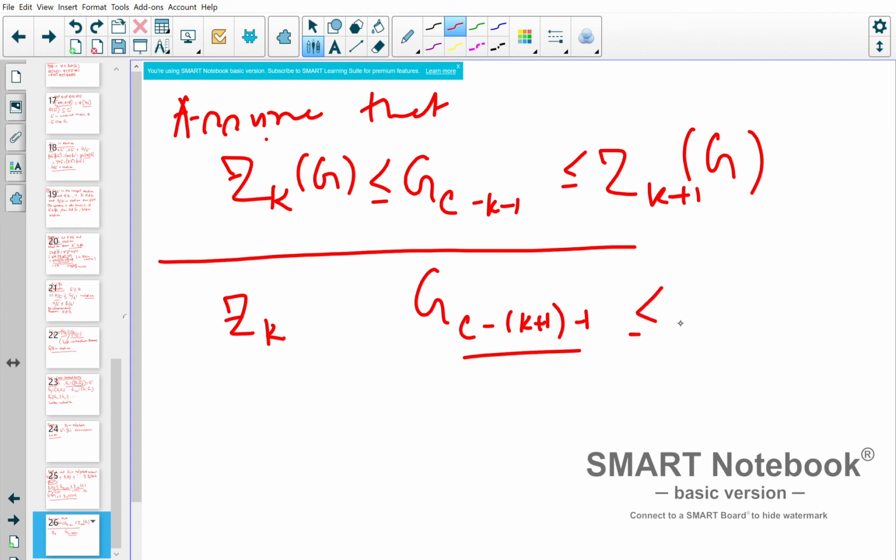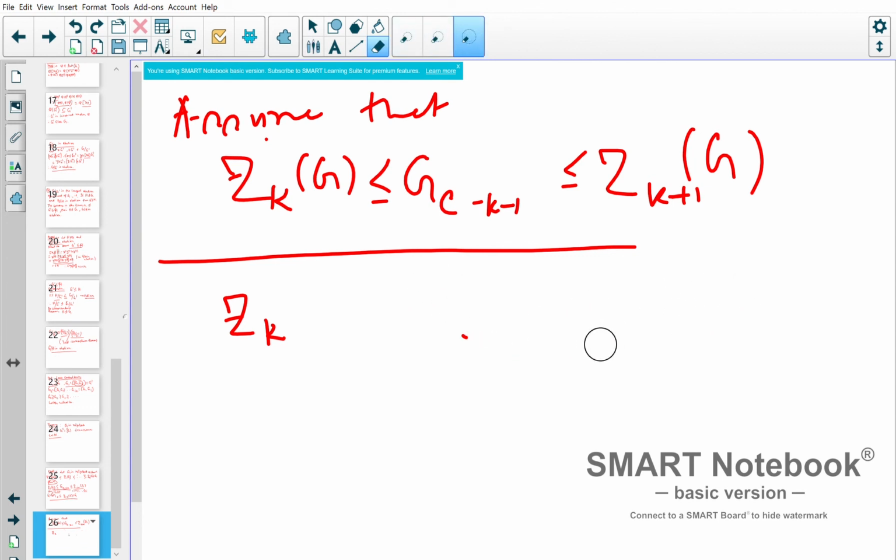So this will be inside Z of, no, I think I need to take the induction on K here. Okay, so yeah, this is not the correct thing.